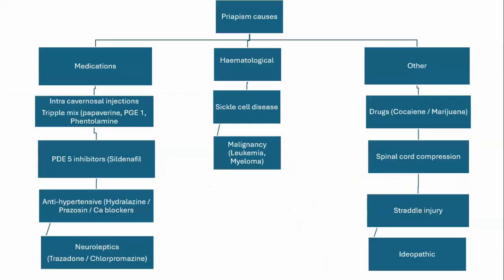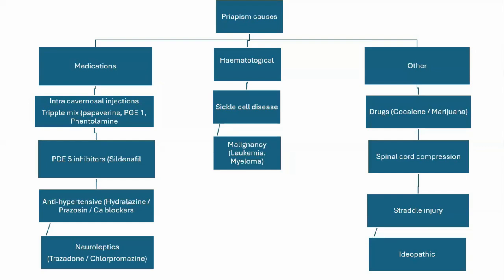Okay, so this is a nice little breakdown of how you can classify causes. So medication use. Funny enough, calcium channel blockers for antihypertensive patients, and then your psychiatric patients who are getting trazodone, those type of things, and then others: cocaine, spinal cord compression, cerebral injuries, and then idiopathic.